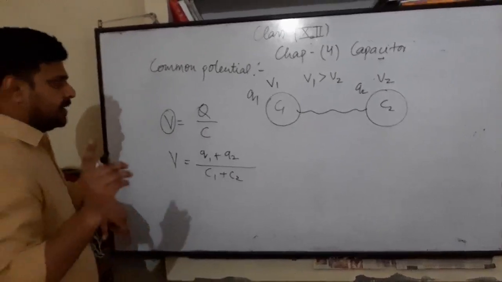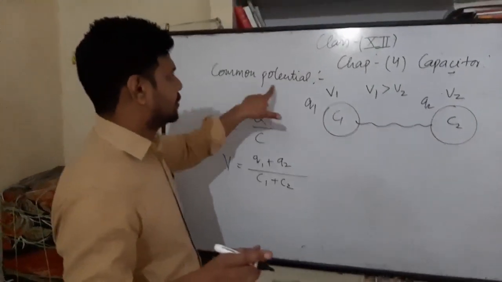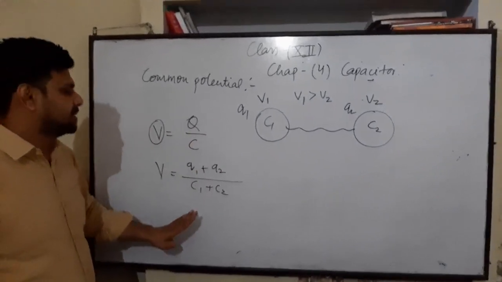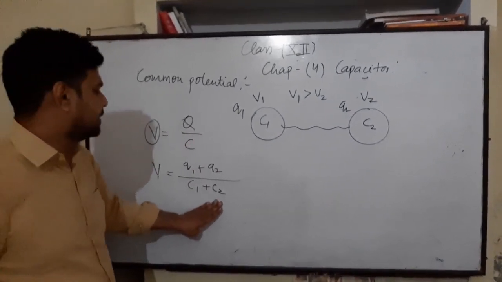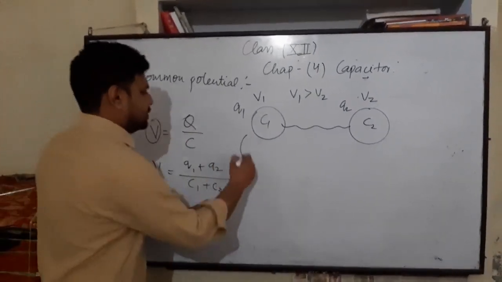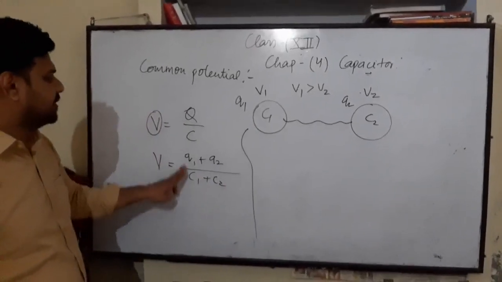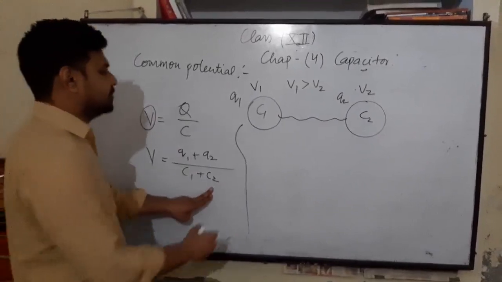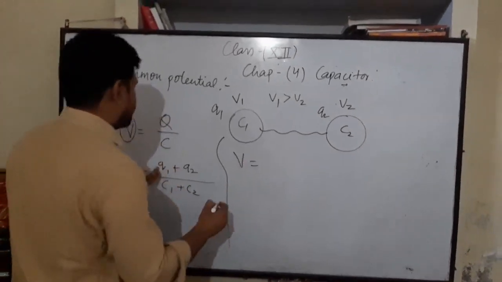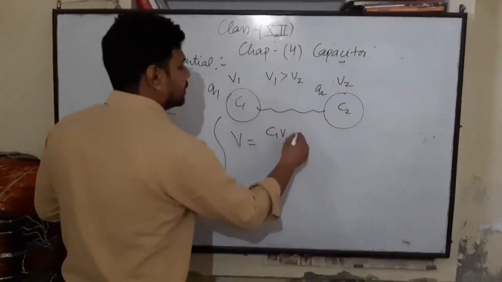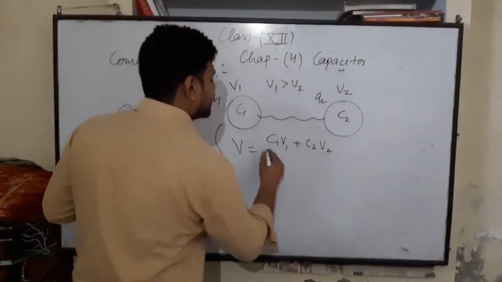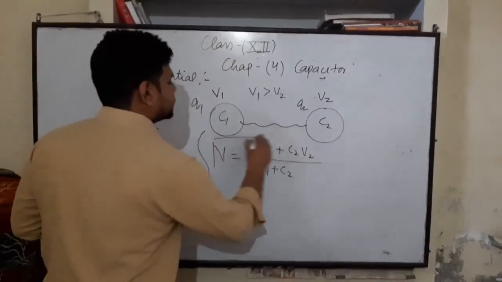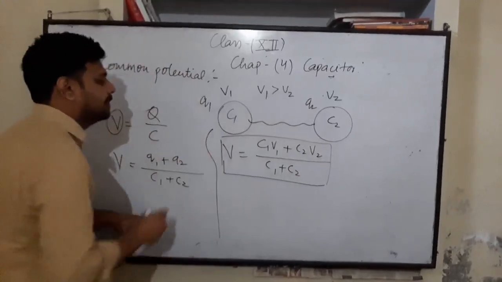Always remember, in problems related to common potential, the given capacitors are combined in parallel. That's why we take total capacitance here, C is equal to C1 plus C2. Now V is equal to, what is Q1? C1 V1 plus C2 V2 upon C1 plus C2. This is the expression for common potential.